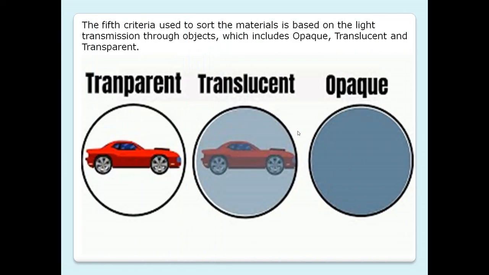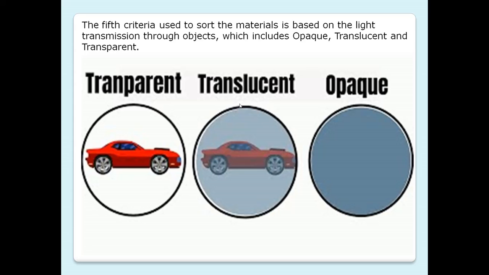The fifth criteria used to sort the materials into groups is based on the nature of allowing light to pass through it or not. Some materials allow the light to pass through them easily. Such materials are called transparent materials. Some materials partially allow the light to pass through.